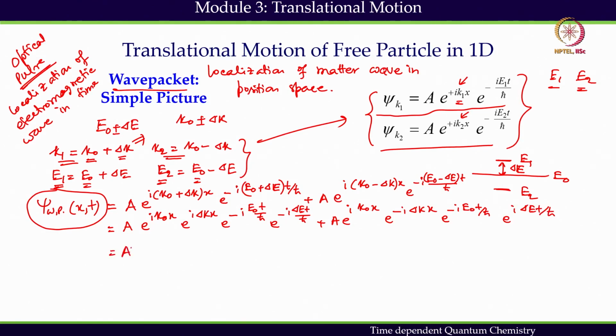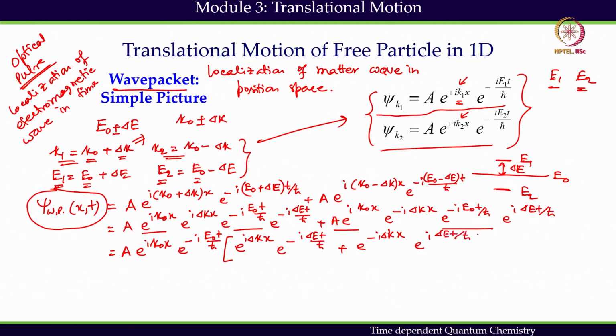So now I can write down e to the power i k naught x, e to the power minus i E naught t by h cut, as common, and then the remaining part is e to the power i delta k x e to the power minus i delta E t by h cut plus e to the power minus i delta k x into e to the power i delta E t by h cut.